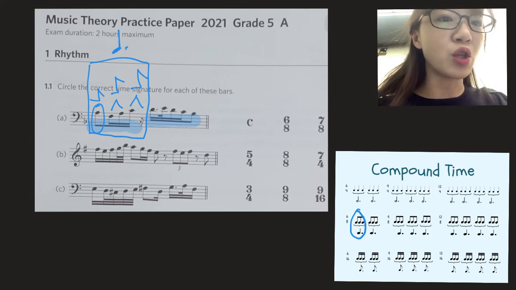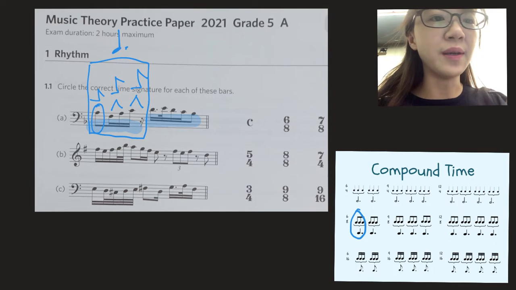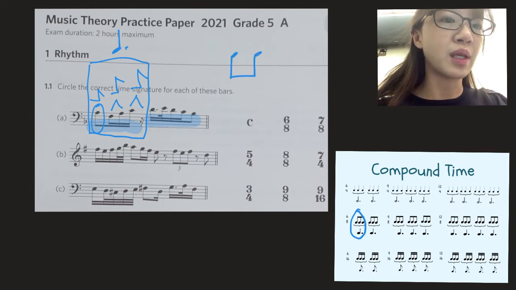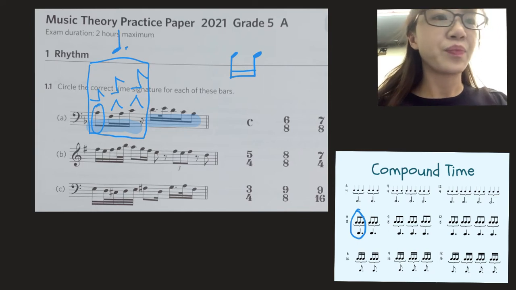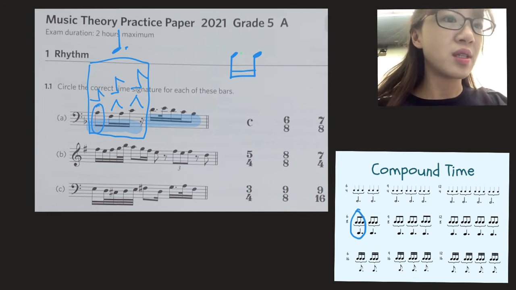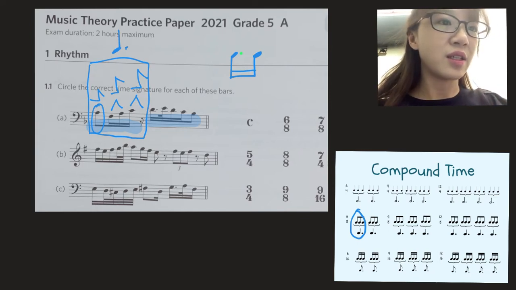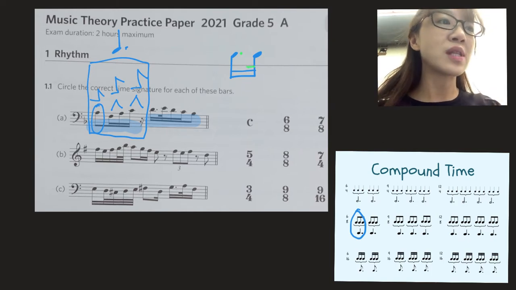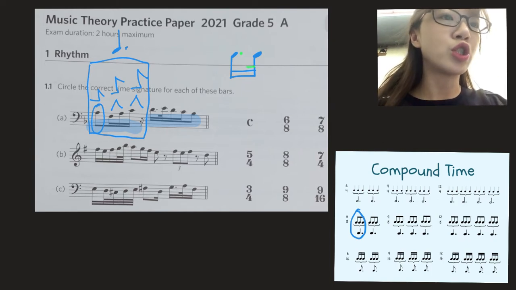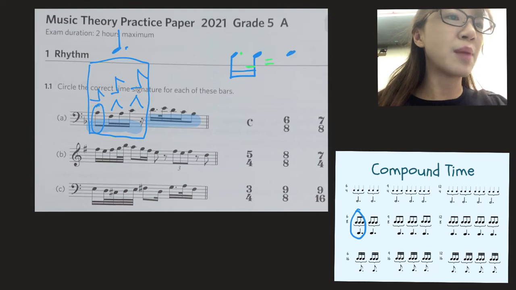If you see a dot and a short line over here, you could almost ignore it. For example, you can have a dot and a short line. They almost cancel each other off. You could just treat it like 2 semiquavers, which gives you 1 quaver.